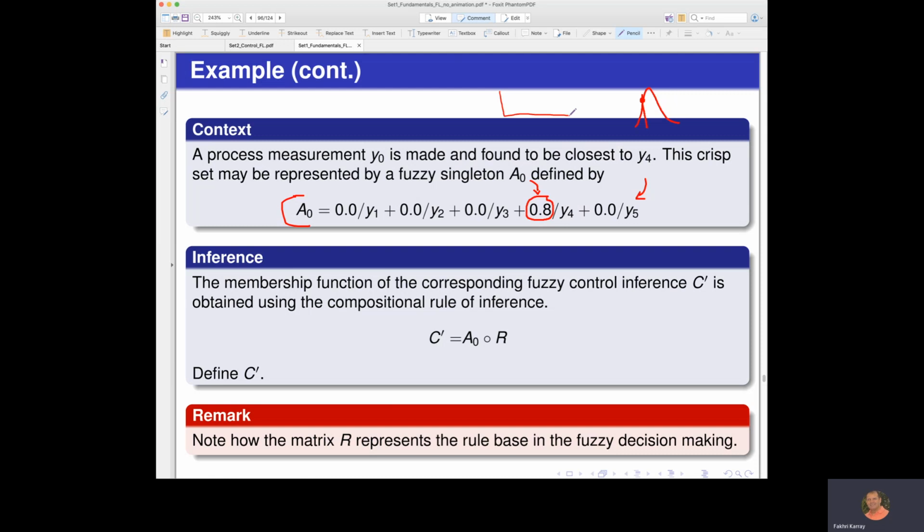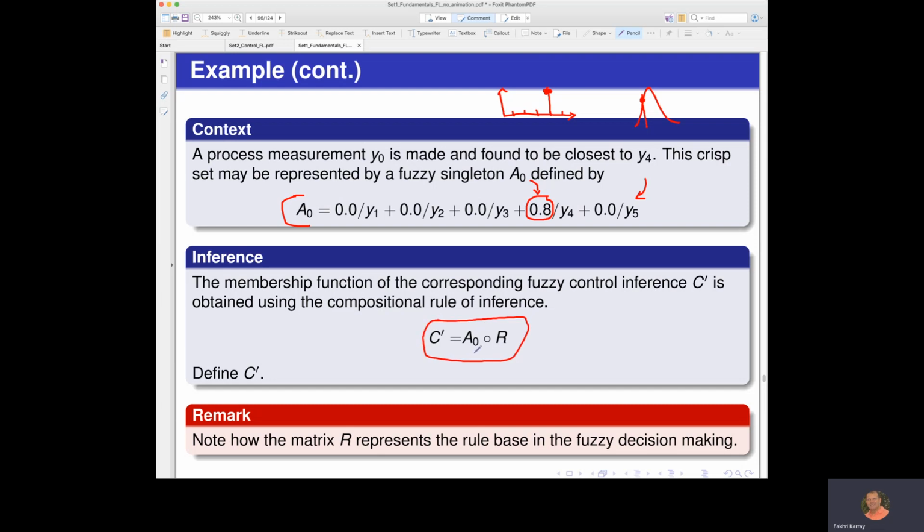Remember this particular membership function in the discrete case: we have Y1, Y2 here, Y3 here, Y4 and Y5. All of the values for the support of the warm temperature are equal to 0. The only one is going to be 0.8. Okay, so given this particular context, what is the value of C prime?